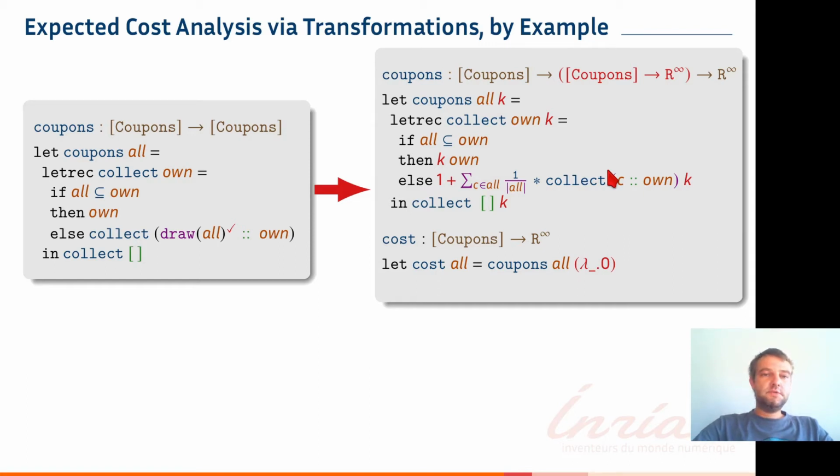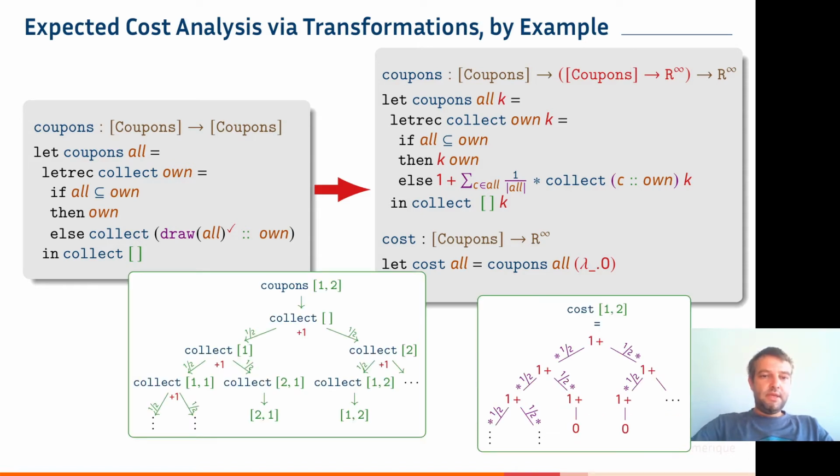Now, the cost of this coupon function itself we can now express in terms of this CPS version, where we instantiate the cost of the continuation as the constant zero function. Now, of course, because these two programs are structurally similar, and the first program is potentially non-terminating, so is also this cost function defined as we have done so here.